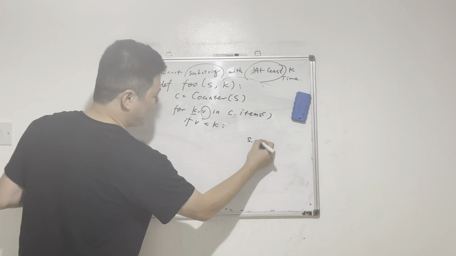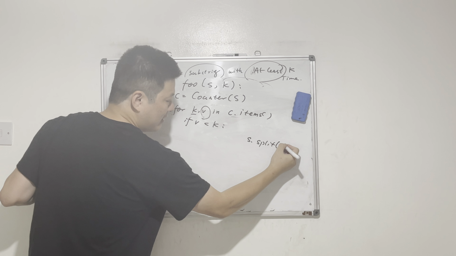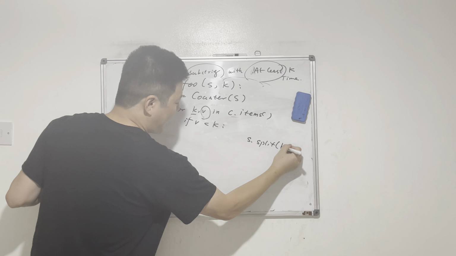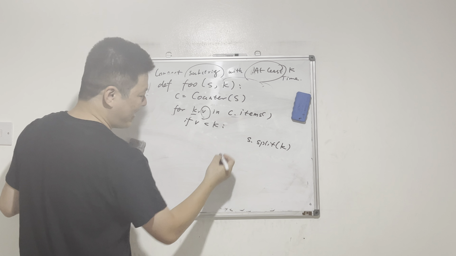So S.split what? K or V? K, V is the value. We split by it, and then we call the function itself, right?